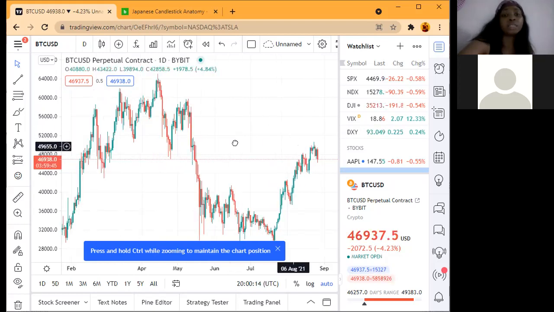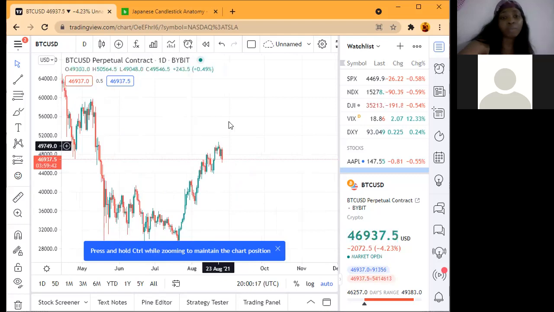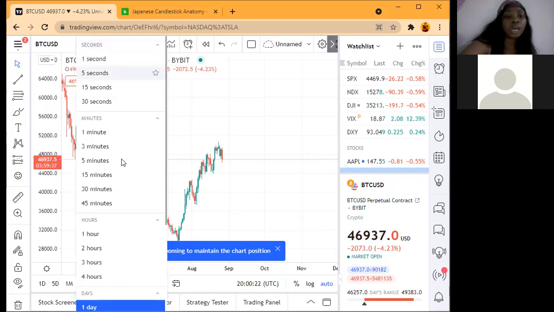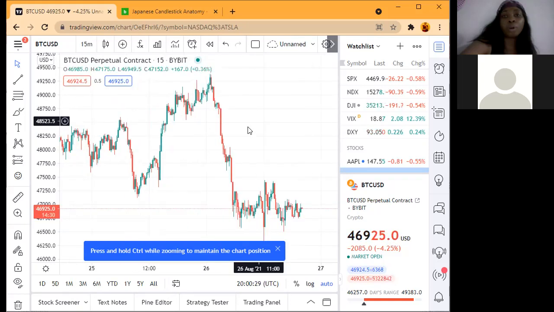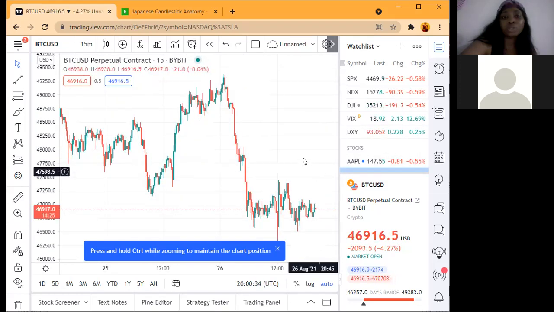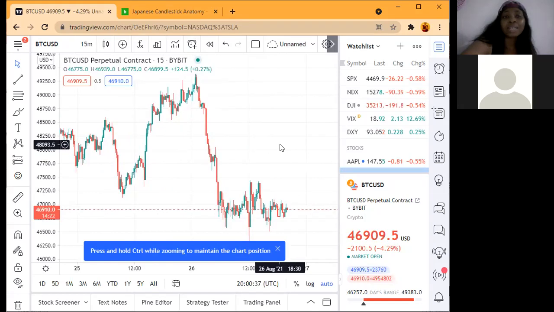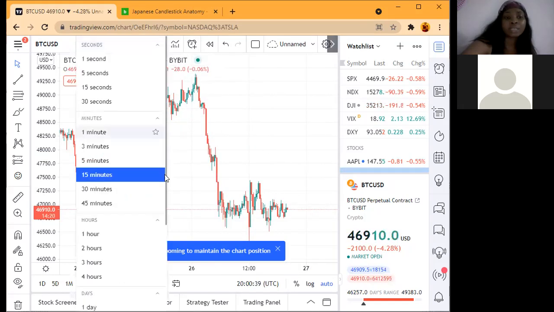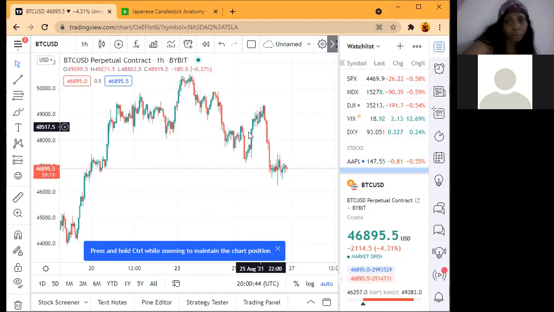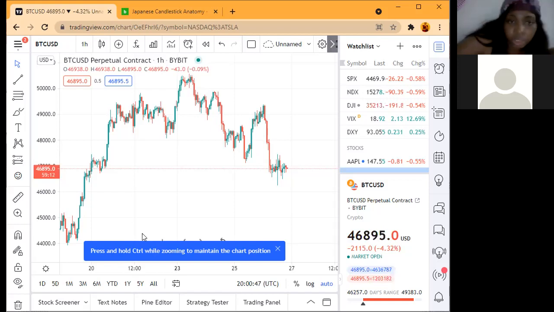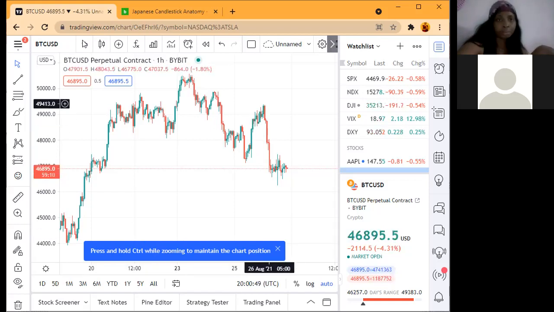So like I said, the 1 day time frame will bring out 1 day candlestick, while the 15-minute candlestick will bring out more than 15 candles in a day. Okay, let's go to 1 hour, that's easier to calculate. So 24 hours brings out 24 candles because each candlestick is forming per hour.